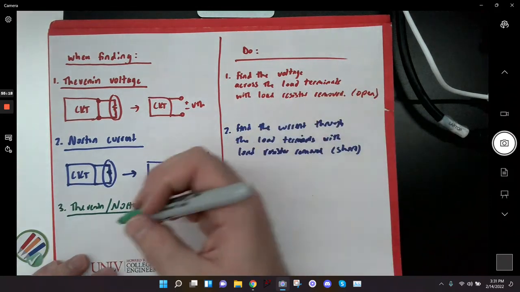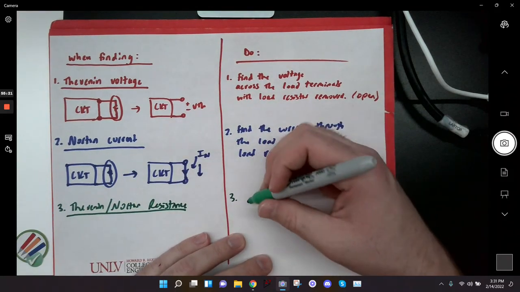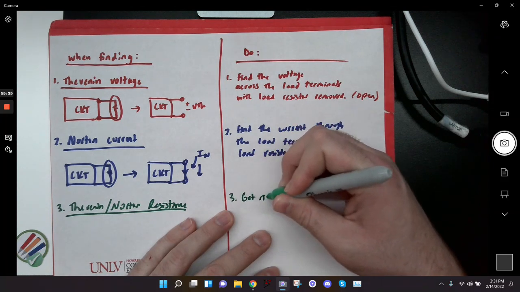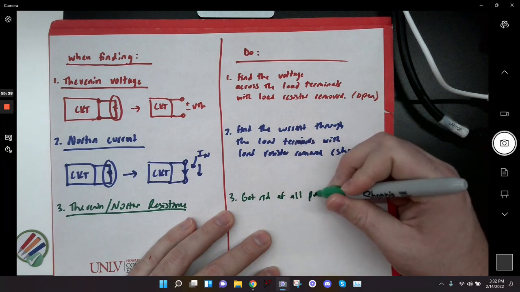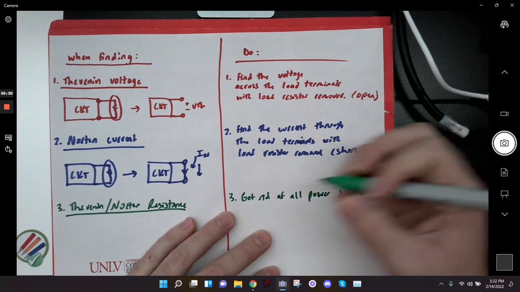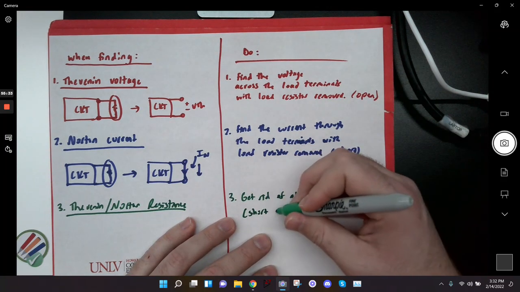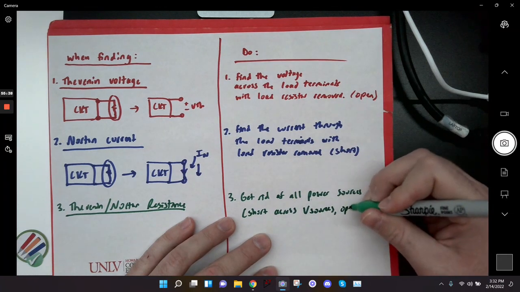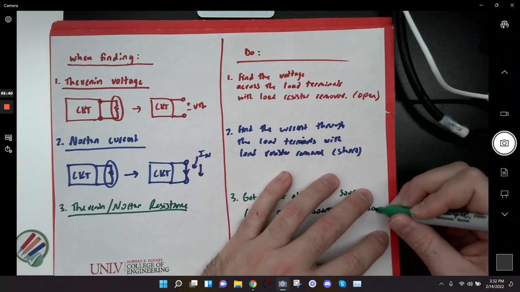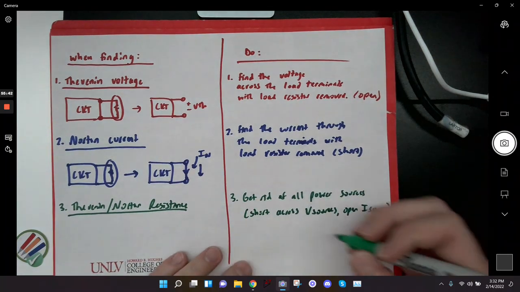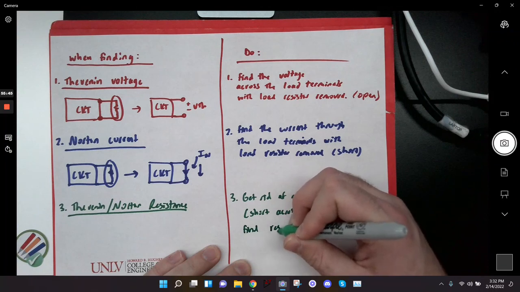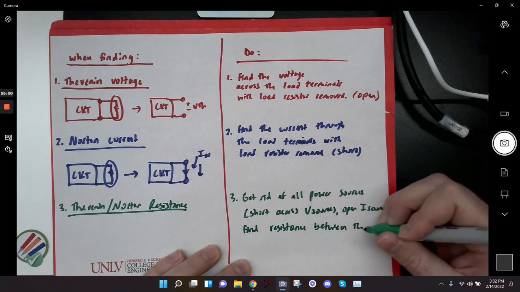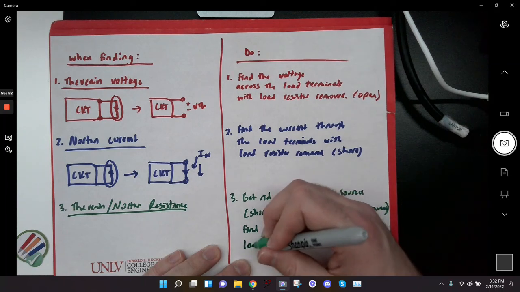What I do is I basically get rid of all power sources, and that means short across voltage sources, open current sources, and then I find the resistance between the two load terminals.